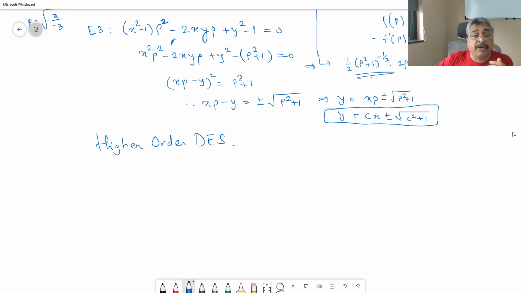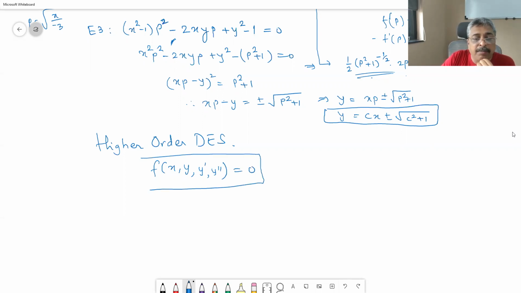Higher order differential equations. They are going to look like this. F of x, it can be function of x, it can be function of y, it can be function of first derivative, it can be function of second derivative. Wait, sorry, not p, let us put it y dash. First derivative, second derivative is equal to 0.